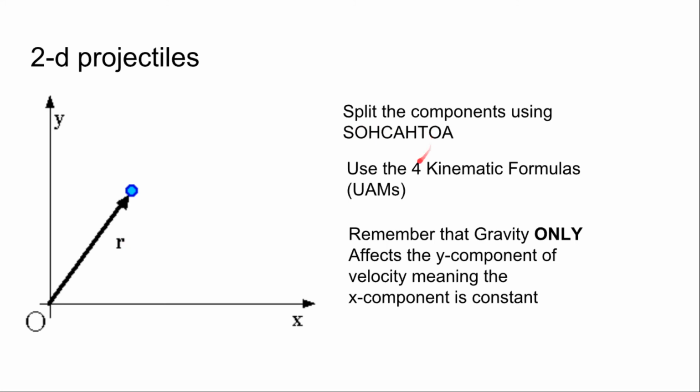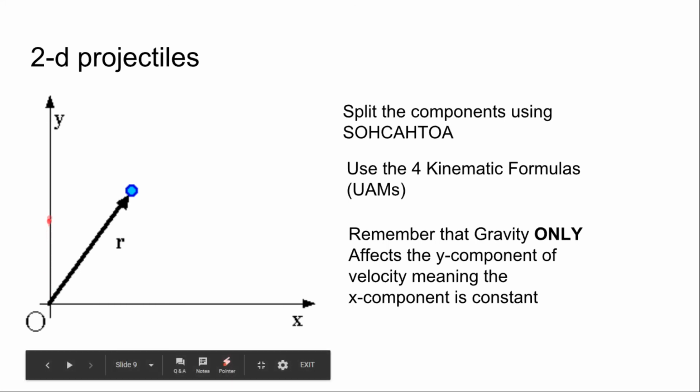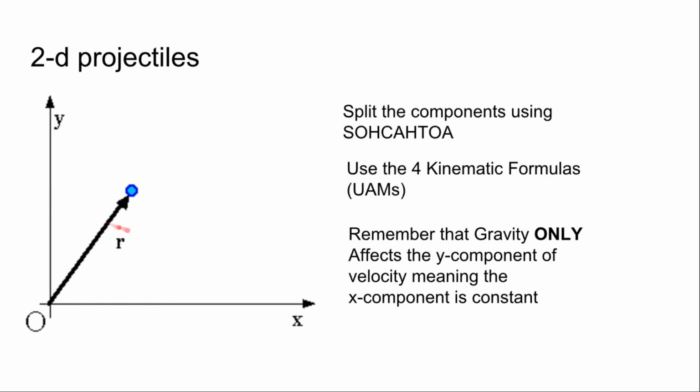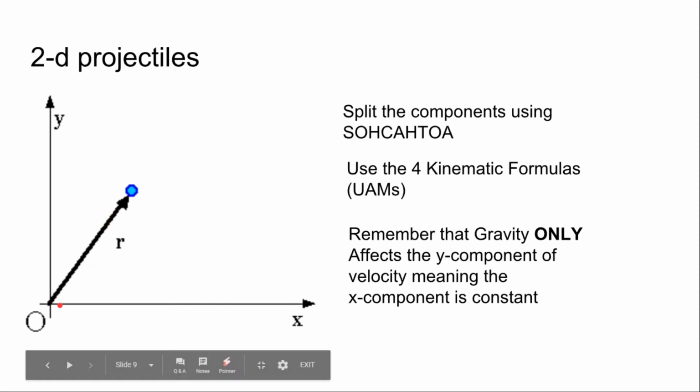So in order to find the components, we can use SOHCAHTOA. Often in this direction, this is sine, which is for y, because this is opposite over hypotenuse, and the angle is here. Then for the x component, it is usually cosine, which is the adjacent side, which is here, over the hypotenuse, of course.